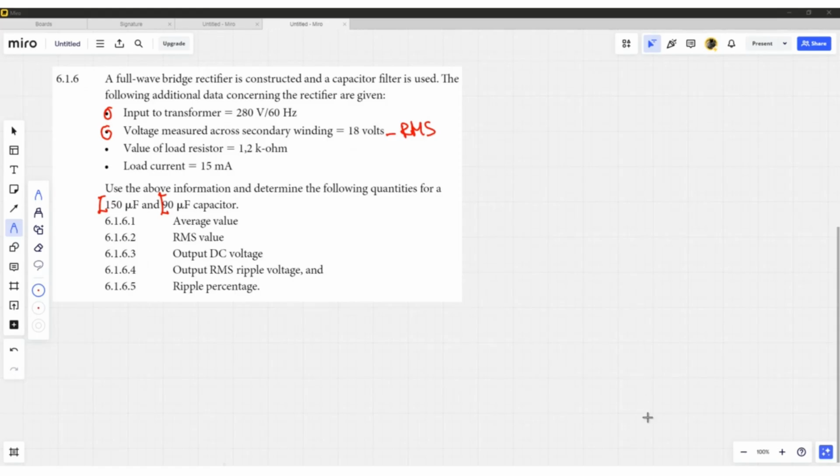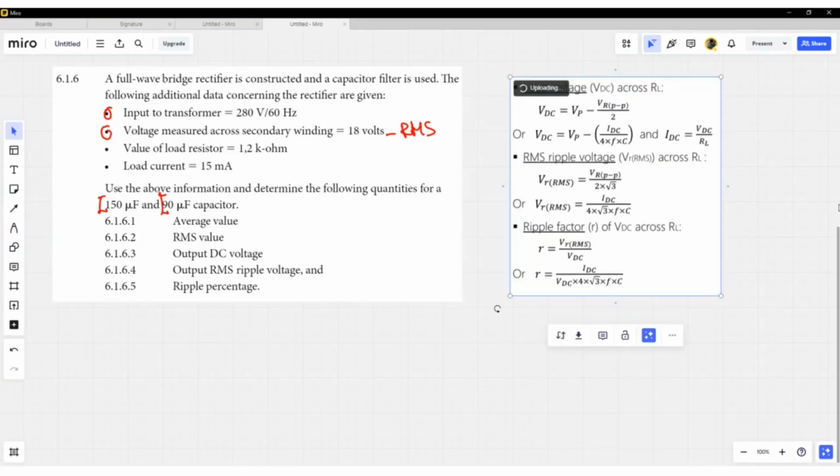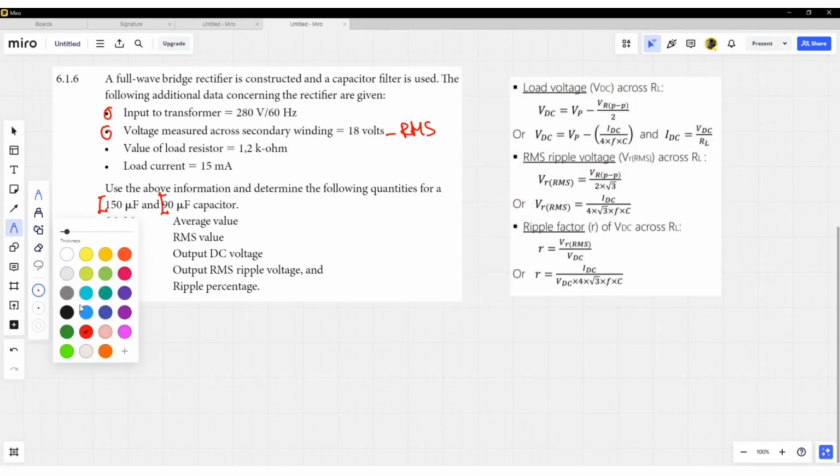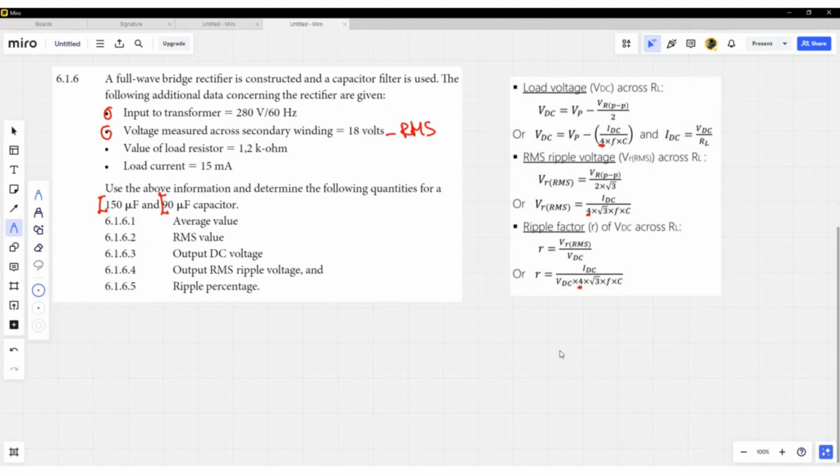Actually, all the formulas, if I can. Remember the 4s in this case, if we were working with a half wave rectifier, would all be 2s. Seeing that we're working with a full wave rectifier, remember for a half wave rectifier, those 4s will be 2s.